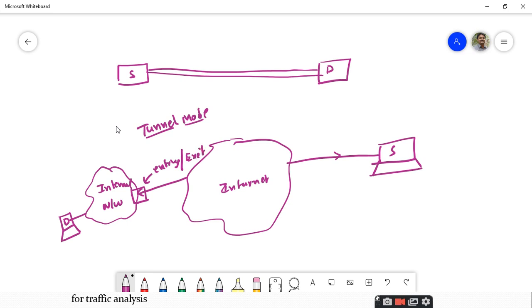So, for the entire network, do not assume that it is having only one system. Like this, we can have any number of systems that are connected, and all these systems are connected through different devices like routers. Like this. Let us assume.